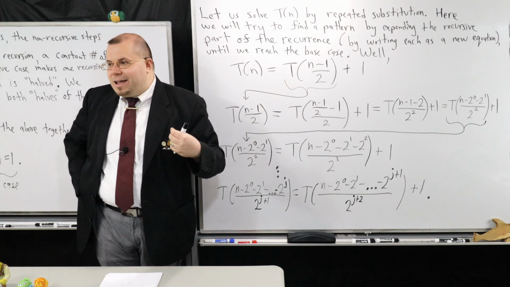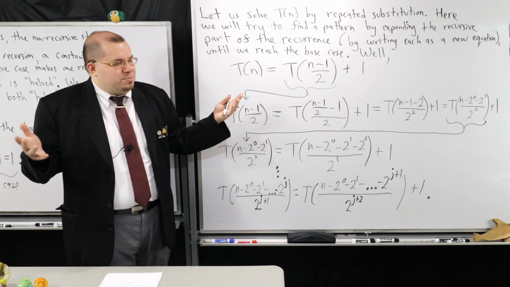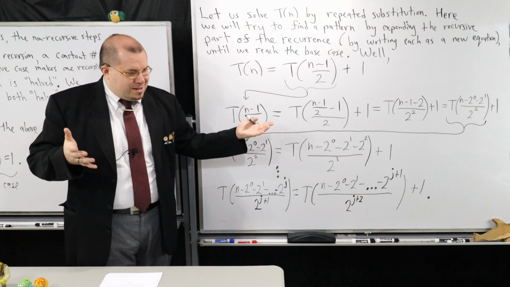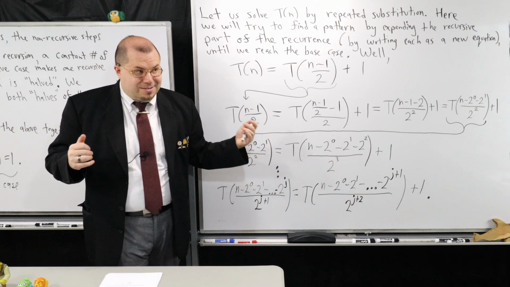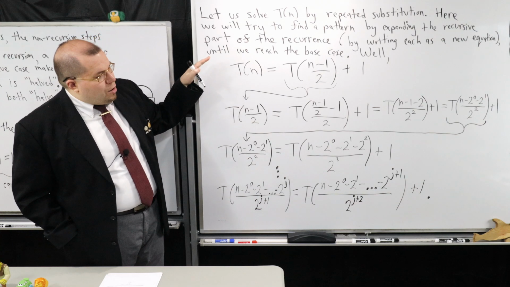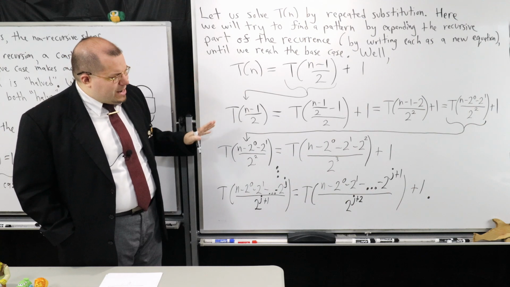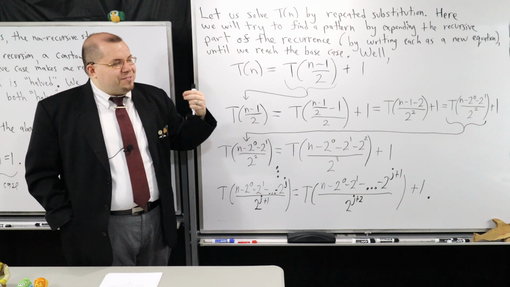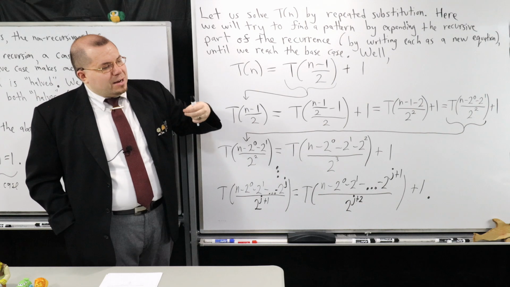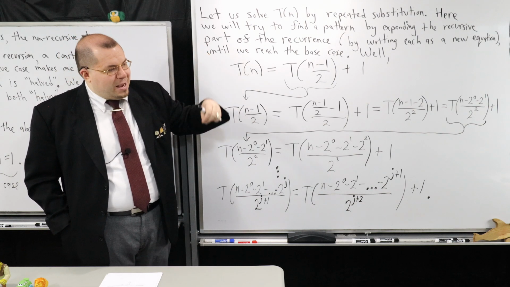Because at the end of the day, we know what T of 0 is, right? Just like with binary search, I know that some constant number of operations happens in the base case. Another way is that you could write out what this would be as you decrement, and see if there's a pattern that you can easily back substitute into the equation upwards from the base case.